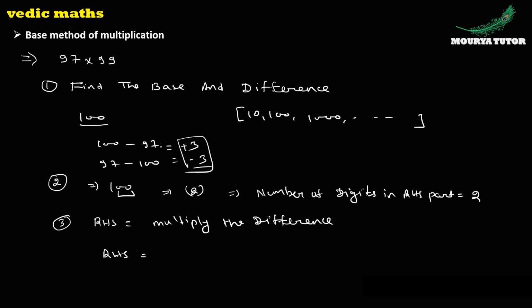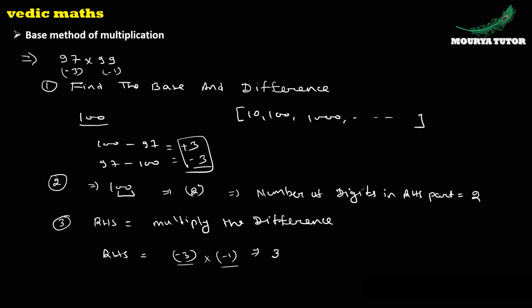One will be minus 3, and the other, you can just see here, will be minus 1. You will get minus times minus, plus, 3 into 1, 3. So this is the RHS.